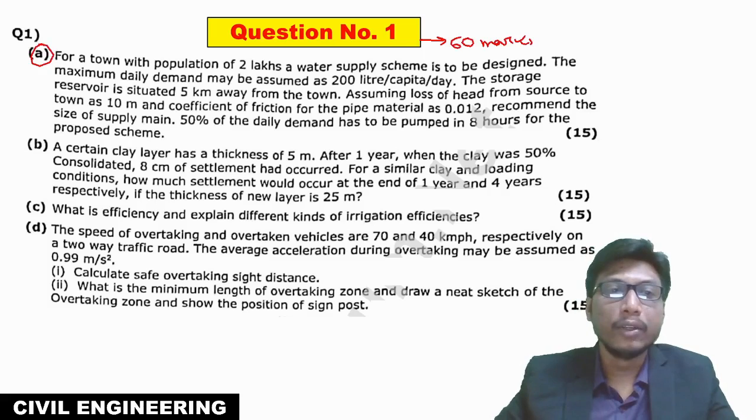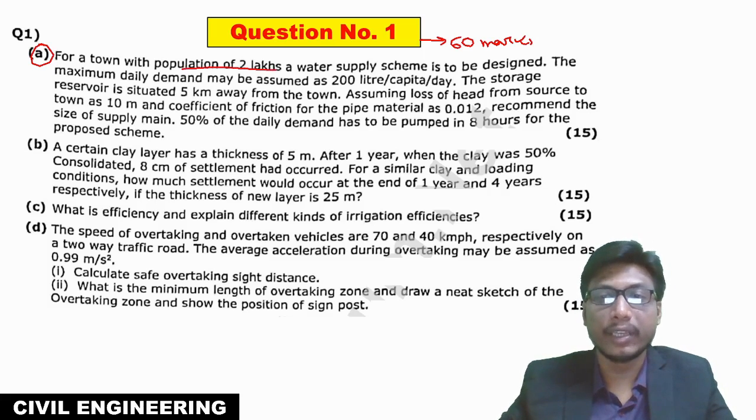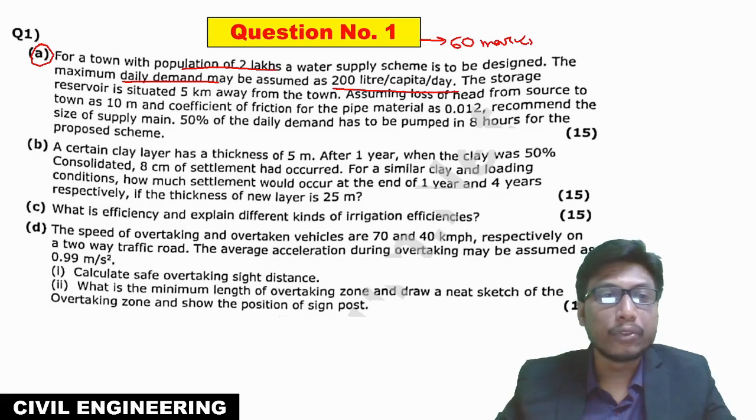It says, for a town with population 2 lakhs, a water supply scheme has to be designed. The maximum daily demand is 200 liters per capita per day. The storage reservoir is situated 5 kilometers away from the town.